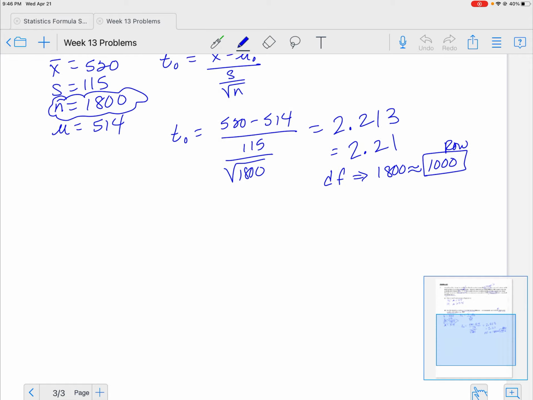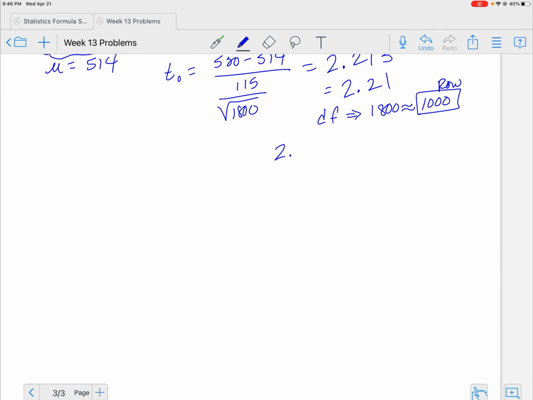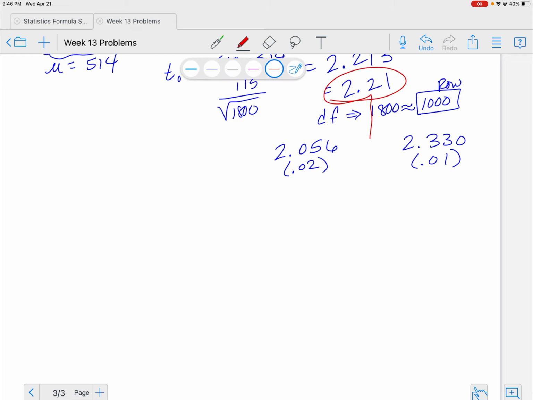Okay, come back over here. I know that my degrees of freedom, those values from my chart, are 2.056 and 2.330. Those are the values from my chart. 2.056 was in the column of 0.02. 2.330 was in the column of 0.01. And I know that this 2.21 is between those.